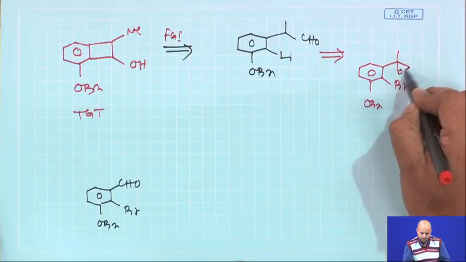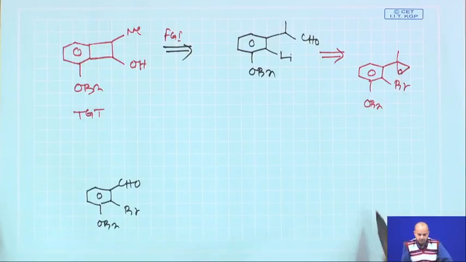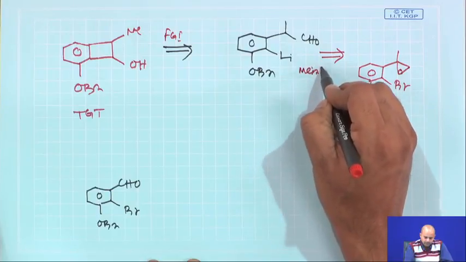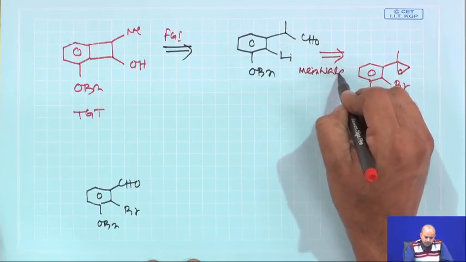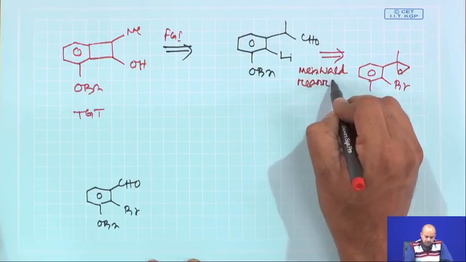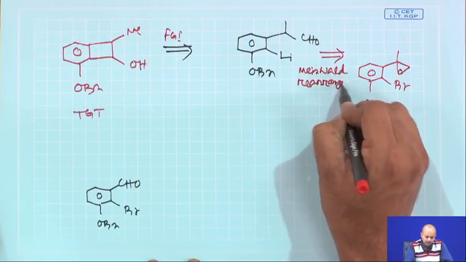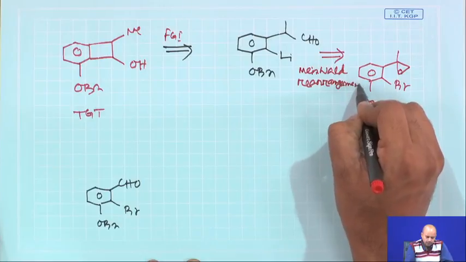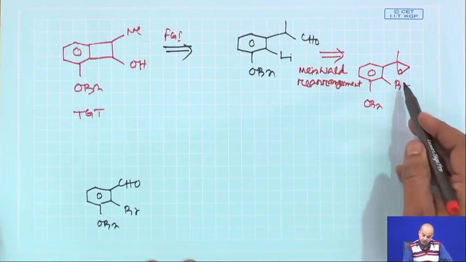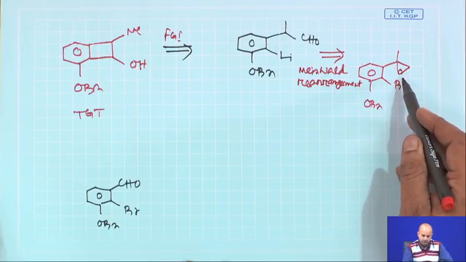if you have this epoxide, you can do a Meinwald type of rearrangement, the rearrangement which you have just discussed, that BF3 or Lewis acid mediated semi-pinacol, pinacolone type of rearrangement will give you this compound. The mechanism probably you are now quite familiar with.